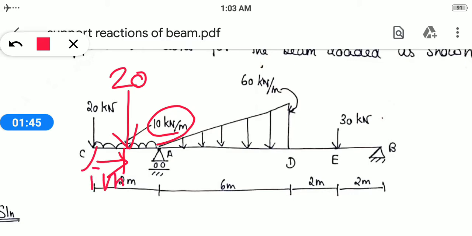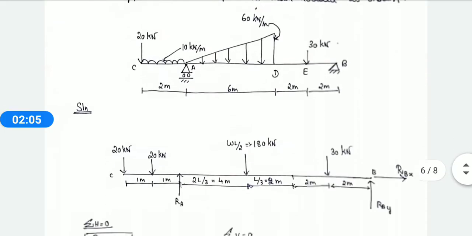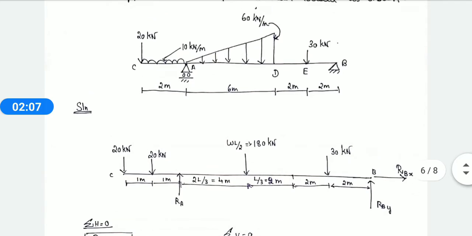But what is the formula to convert your VDL? It is WL divided by 2. That means 60 into 6 divided by 2, acting at a distance of L by 3 at one end, as we had mentioned in our previous problem. So that we have to calculate first.